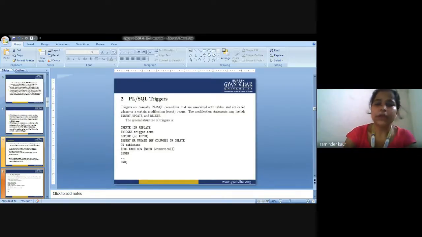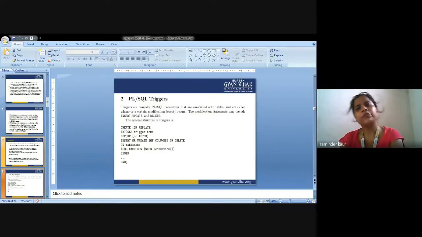Next I am going to discuss various PL SQL identifiers. There are several of them: variables, constants, procedures, cursors, and triggers. First of all, I am going to discuss variables.